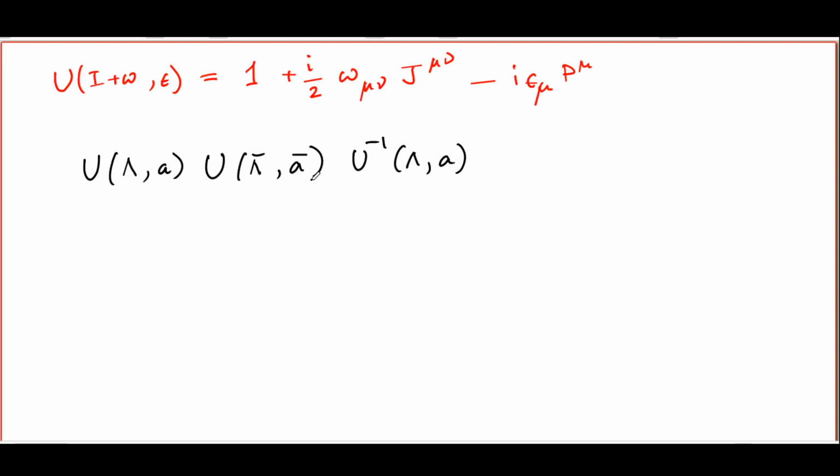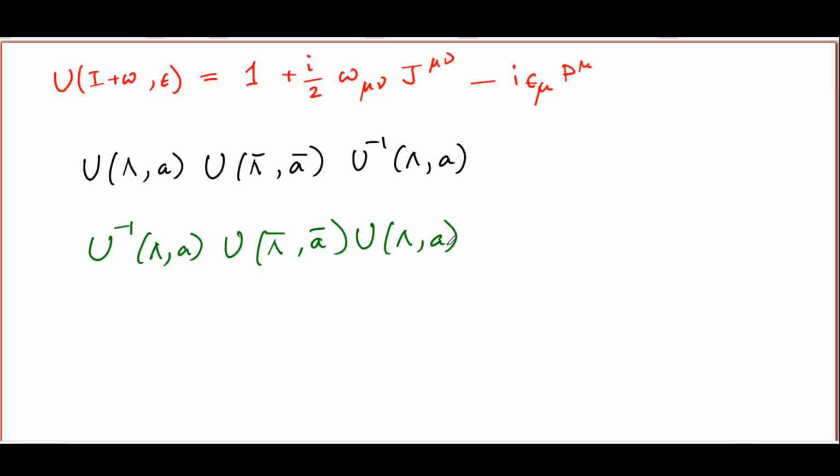Now what I am going to do is a small change from that. Instead of looking at this quantity, I am going to look at U inverse lambda A, U lambda bar A bar, U lambda A. Of course, this is a very minor change.